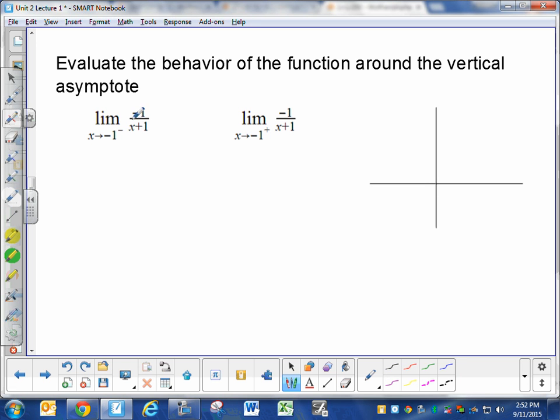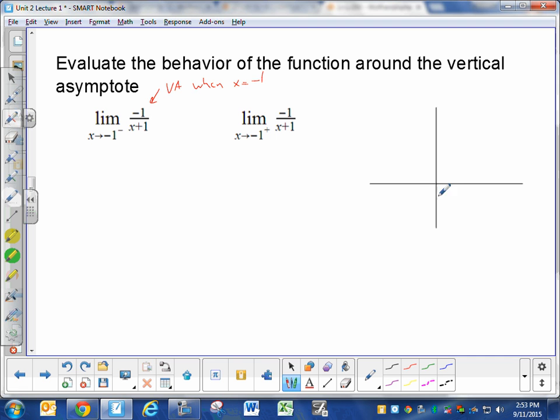And I should know that this function has a vertical asymptote when x equals negative 1. Why? Because I will never be able to plug in negative 1 into that function. Can't simplify it to get rid of it. It's going to be there for good.